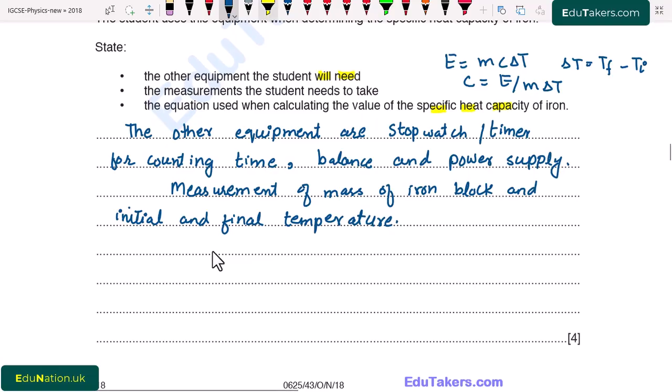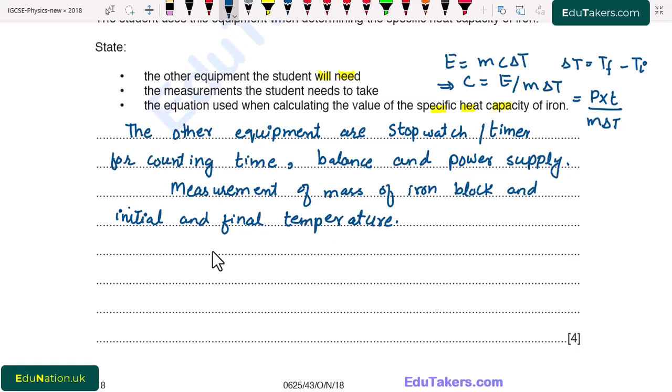Part 3. The equation used when calculating the value of specific heat capacity of iron. So which equation we use here? By seeing this equation, here is energy, but we have to write in terms of power. We can use both of these, so it will be P cross T divided by M delta T. Both of these are used for the calculation of specific heat capacity.